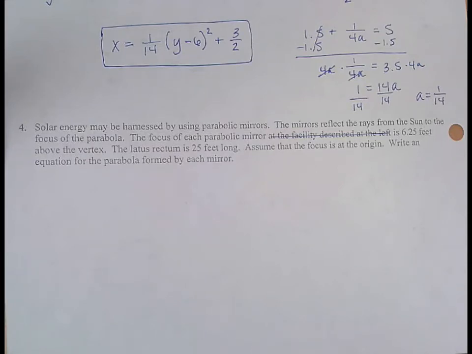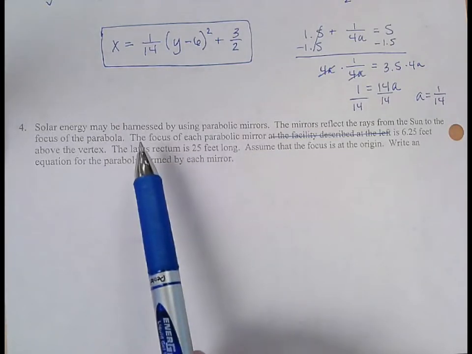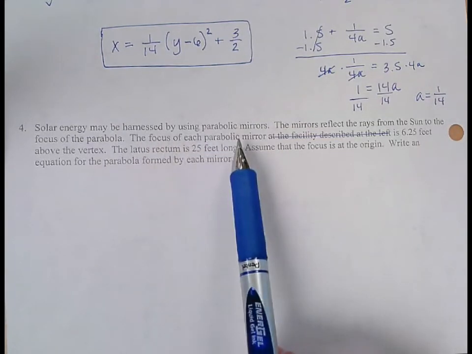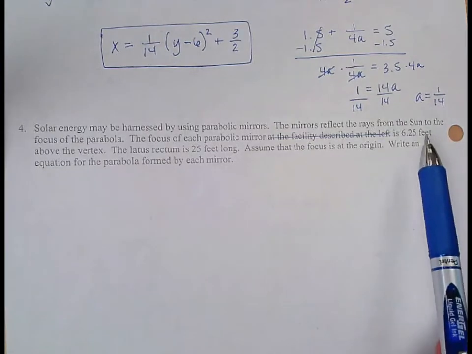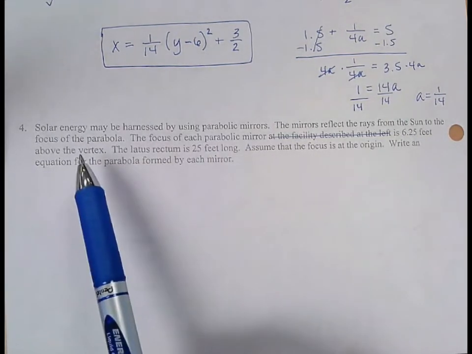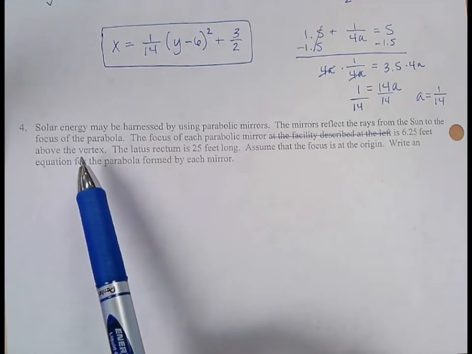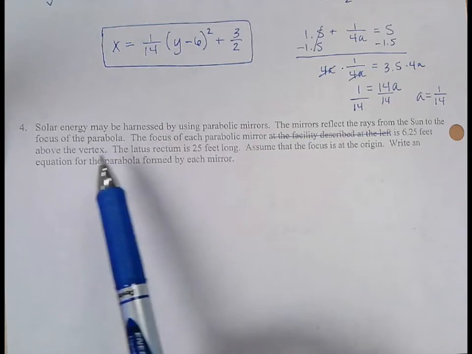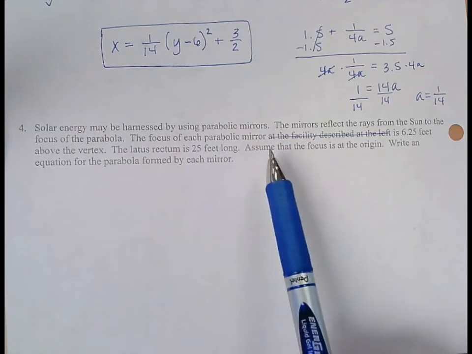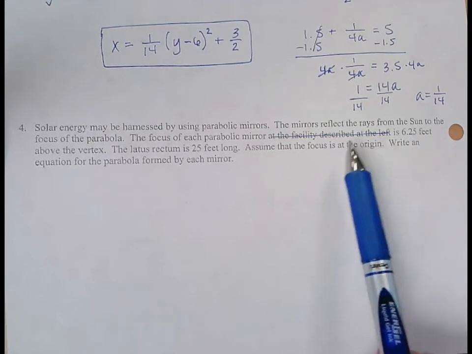Okay, so I'm going to go back. I am first going to do what we did in the first three examples, make a sketch. So let's see, I'm given that the focus is 6.25 feet above the vertex. I'm given the length of the latus rectum, and I'm told that the focus is at the origin.